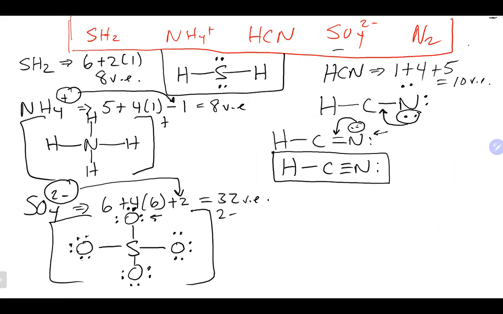Since we really don't in this class go through the process of figuring out exactly where the charges are in the actual picture, it's very customary just to put brackets and say that overall, this thing has a -2 charge. In reality, in this particular one, each of the oxygens is actually carrying a -1 charge. The sulfur in the middle actually has a +2 charge in this situation. And that's where the -2 charge overall comes from. But since we don't go into that calculation, we just generically put the brackets and the overall charge, which is what we typically do.